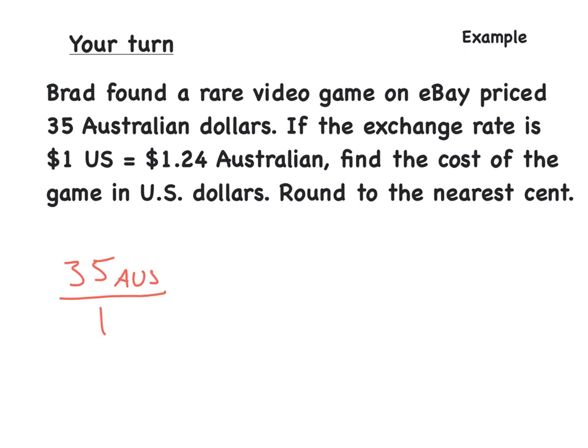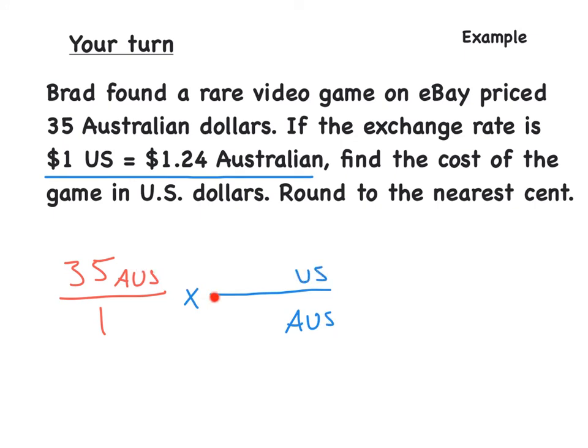So now we have our exchange rate of $1 US is equal to $1.24 Australian. What we want to end up with is US dollars on top. So if we have Australian money on the bottom, we want to end up with US money.